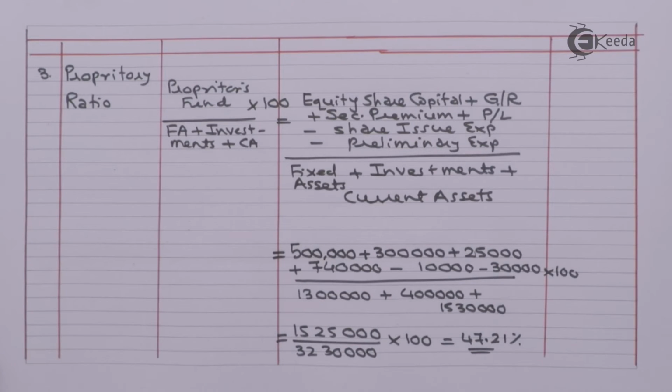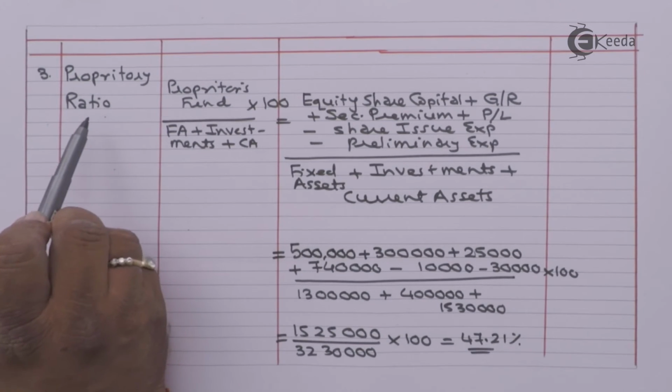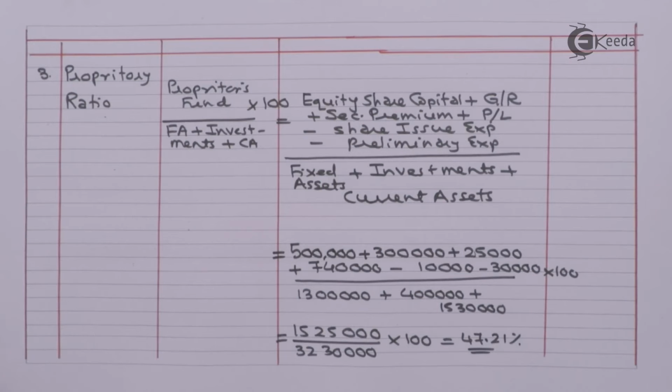Proprietary ratio 47.21%. Standard proprietary ratio is around 65%. Therefore, company's proprietary ratio is not satisfactory. Company has to increase proprietors fund and decrease borrowed fund to arrive at standard proprietary ratio.